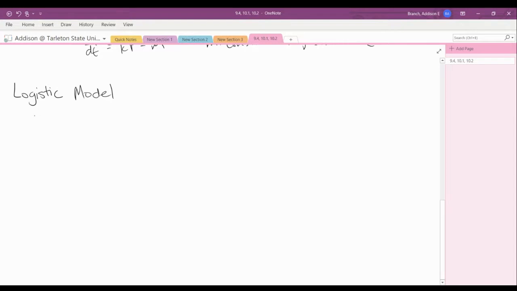And like I said, the purpose of our logistic model is similar, but a little different from our law of natural growth. The main difference is that in our logistic model, our growth rate is hindered as resources dwindle.